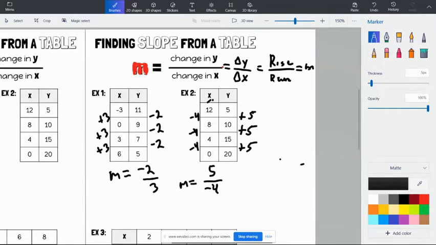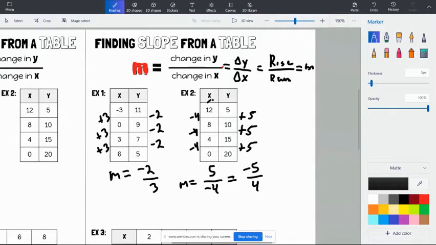Okay, the only difference of this one is our negative value is in the denominator, and we don't want it in the denominator. It's always nice for it to be in the numerator, this negative sign. So we're just going to flip that sign around. You may be thinking, Mr. Doherty, that changes it. You went down on your x and up in your y. It doesn't change it. A positive divided by a negative is just a negative number. A negative divided by a positive is a negative number as well.